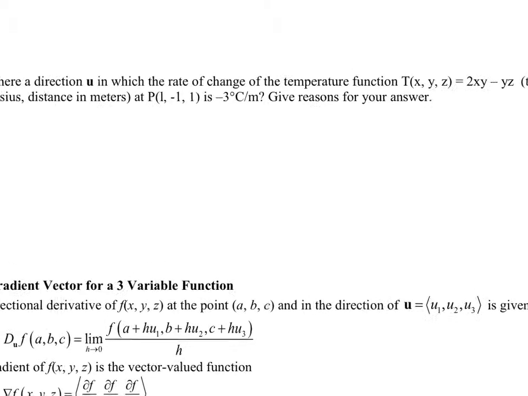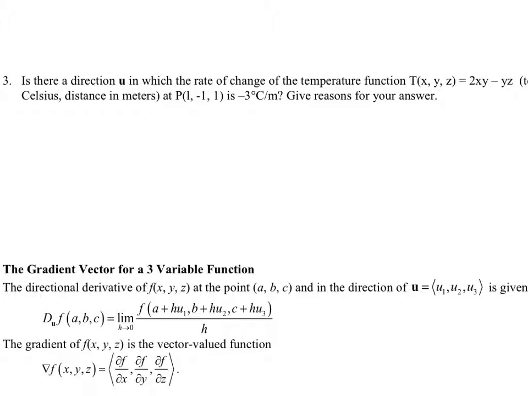Jeez. A function of 3 variables, so that's something to keep in mind. I need my partials. So we're looking at 2y, just 2y, right? And then the partial of T with respect to x at the coordinate 1, negative 1, 1 would be equal to negative 2.